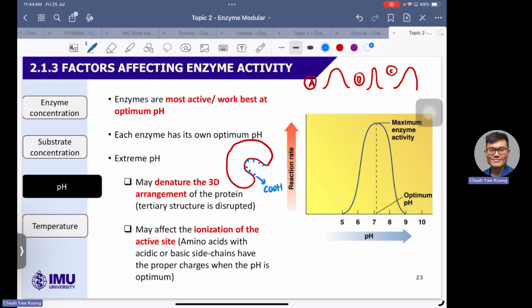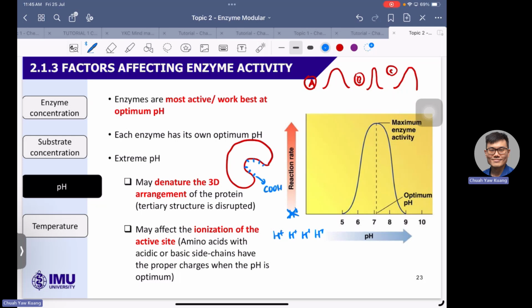At the optimum pH, it should be like this, COO negative, releasing the hydrogen. But if you change the pH to become too acidic, in the environment there will be too many hydrogen ions. Too many hydrogen ions will inhibit the dissociation of this COOH. Then it will remain as COOH, it won't become COO negative.